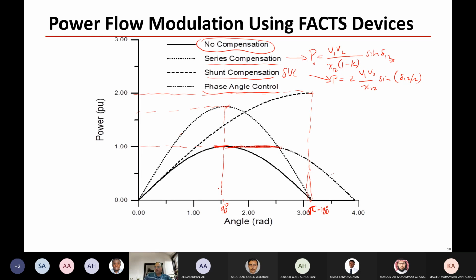But we can say that if we have such devices here, the deceleration area, which gives you the stability margin, will increase. For example, this is B mechanical here. Assume that you have a three-phase fault.